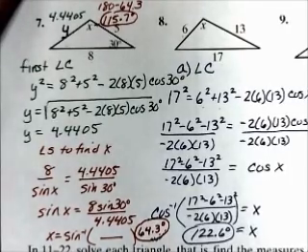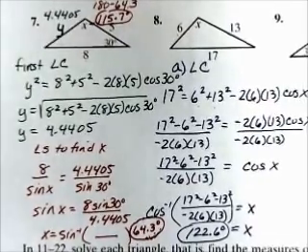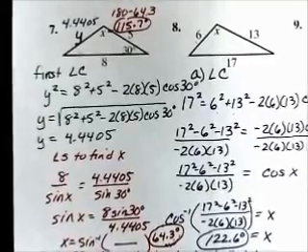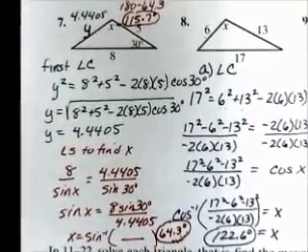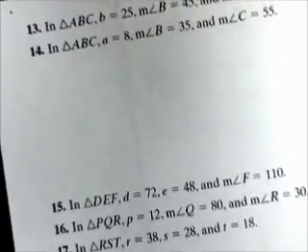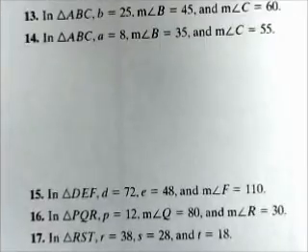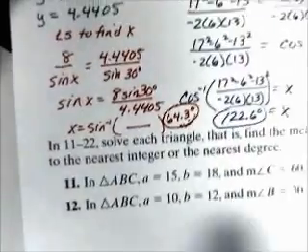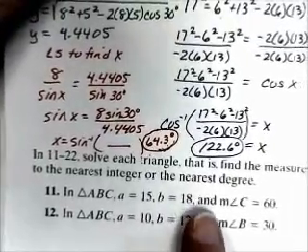Okay. And the next one I want to do, the fourth problem, is on page 9, which I seem to have misplaced. Here it is. Number 14. The directions are: solve each triangle.